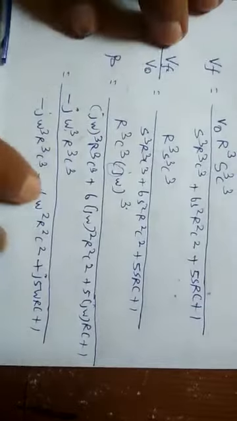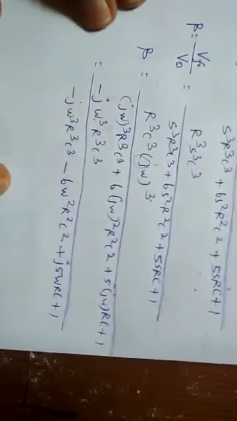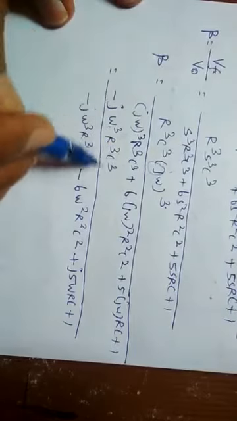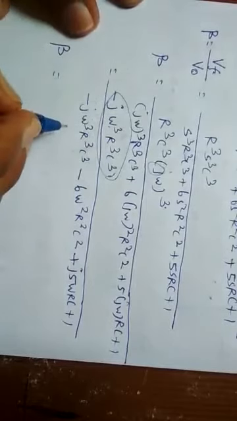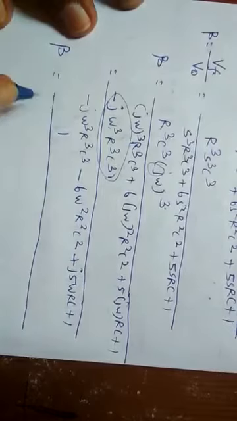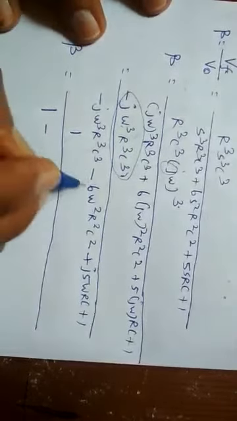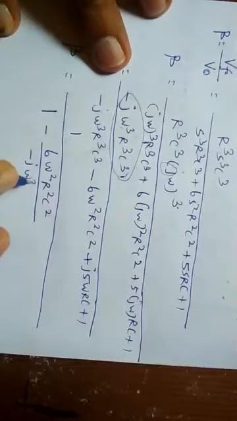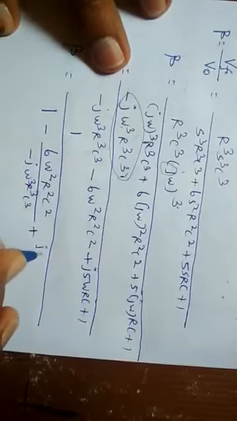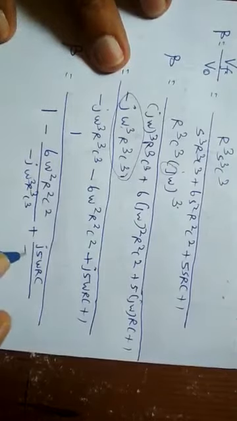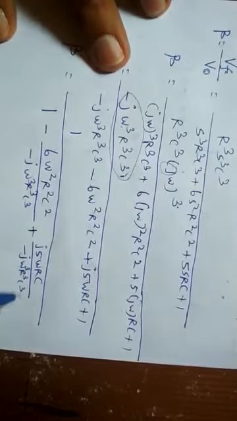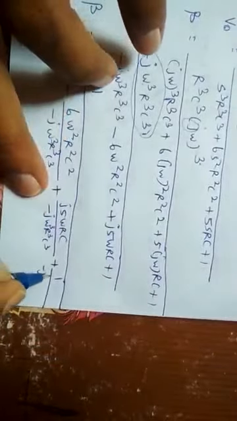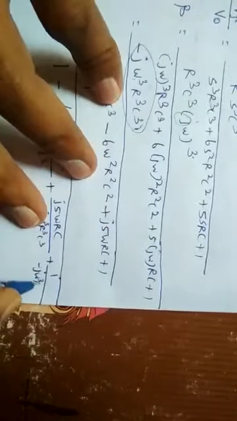And if we divide numerator and denominator with this term, we'll have beta equals 1 by, here it is 1 minus 6 omega squared R squared C squared divided by minus j omega cube R cube C cube, plus j 5 omega RC divided by minus j omega cube R cube C cube, plus 1 divided by minus j omega cube R cube C cube.